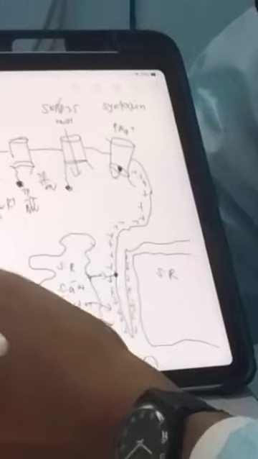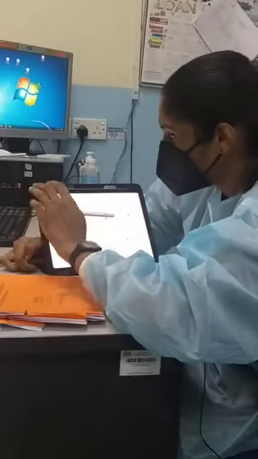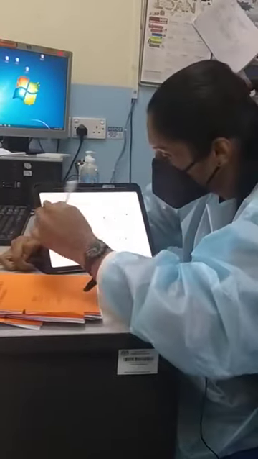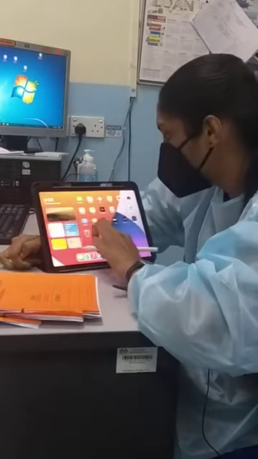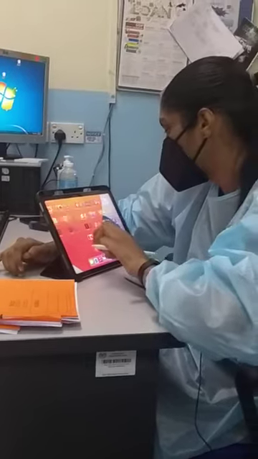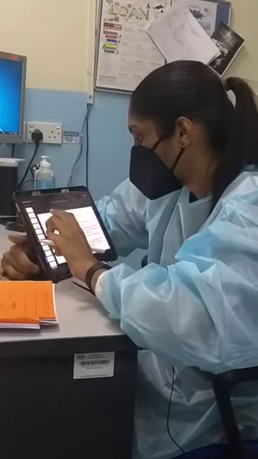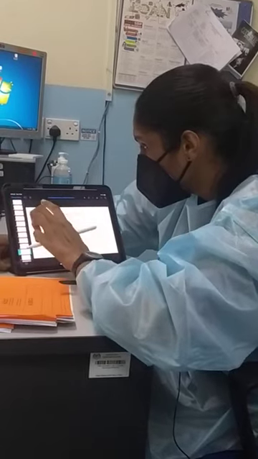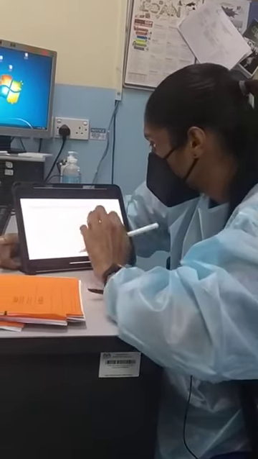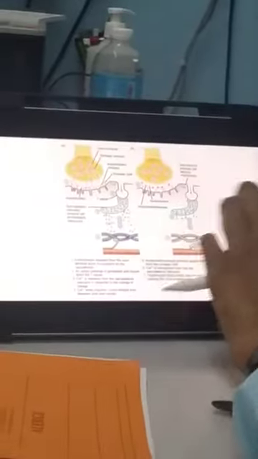That's how the contraction happens. So that's what this is about, excitation-contraction coupling.